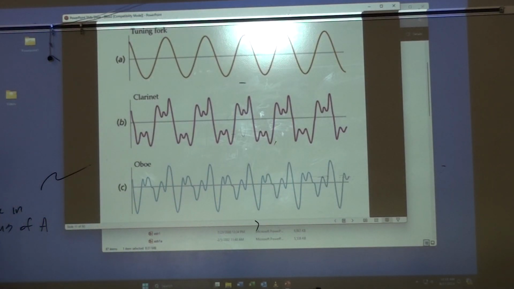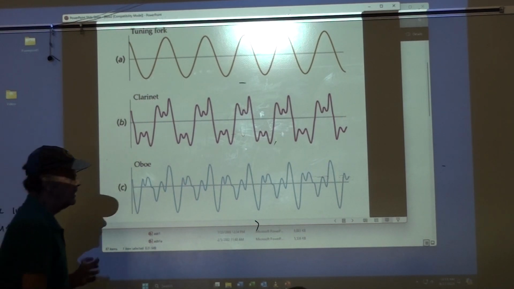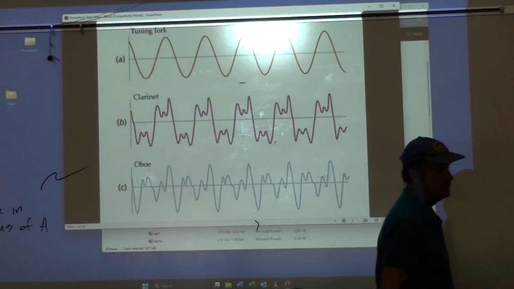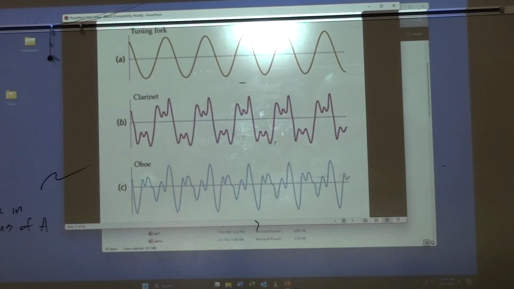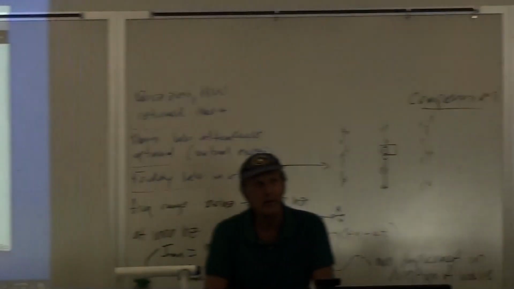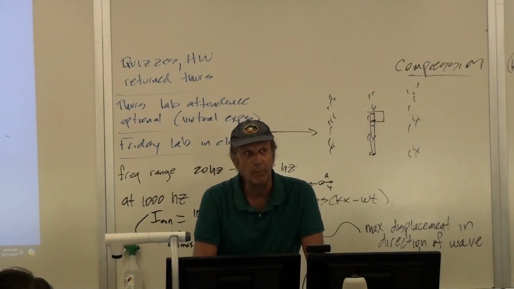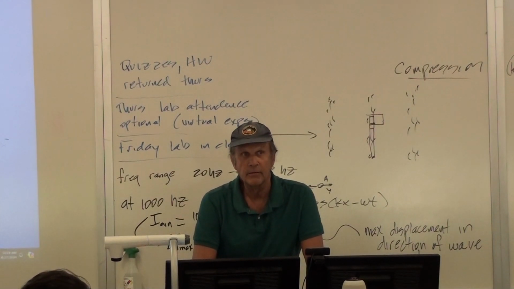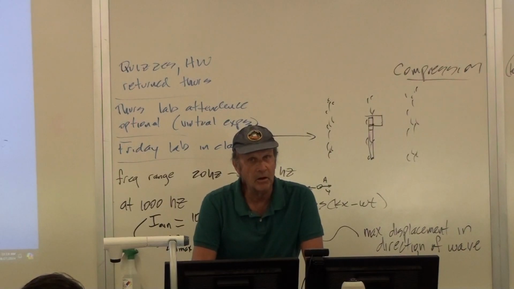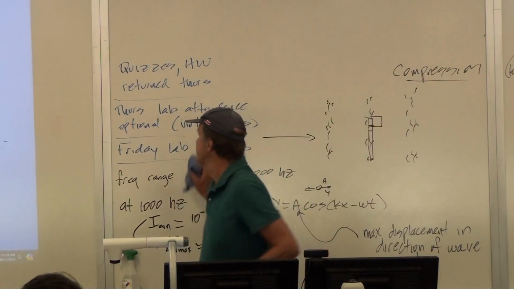And so this is what gives rise to the quality of the sound that you hear. And so when you turn up the bass or the treble, when you're listening to music, what you're doing is enhancing the higher frequency overtones or the higher harmonics versus enhancing the lower harmonics if you want more bass.